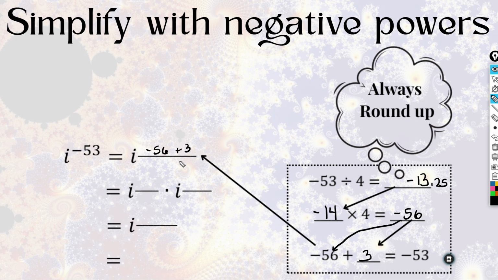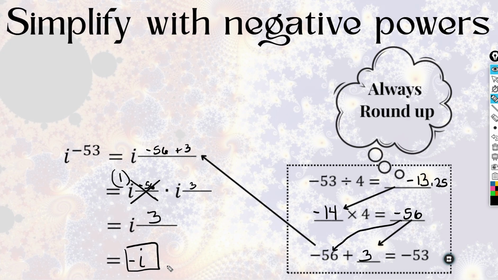And remember, our rules of exponents are, when we're adding exponents, we can separate it with multiplication. So negative 56 times i to the third. This will cancel out and become a 1. So 1 times anything, we don't have to write. So we have i cubed. And based upon our chart, we know i cubed is negative i.